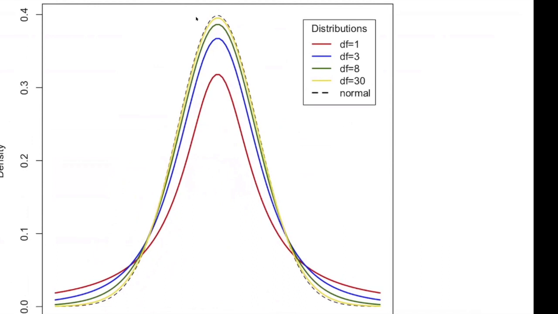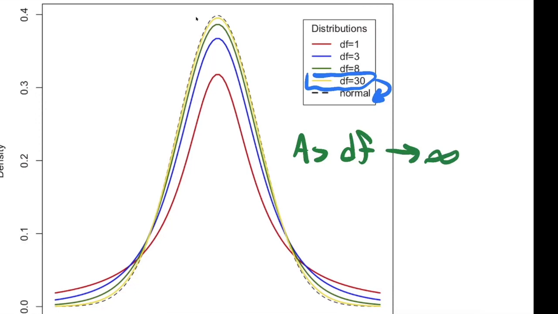Once you reach about 30 degrees of freedom, this yellow graph, you're getting something very close to the normal distribution. So as the degrees of freedom head off towards infinity, the t distribution becomes approximately shaped like a normal distribution.